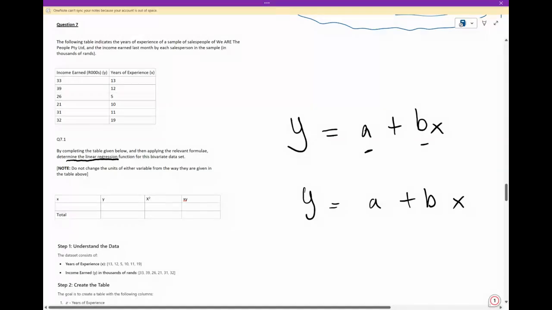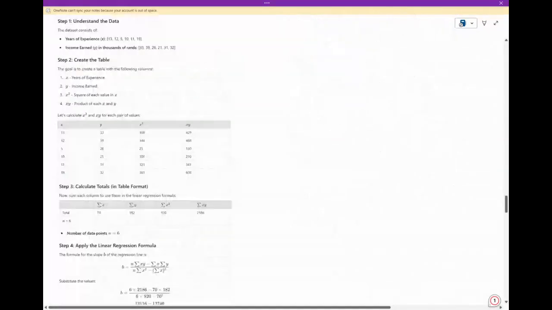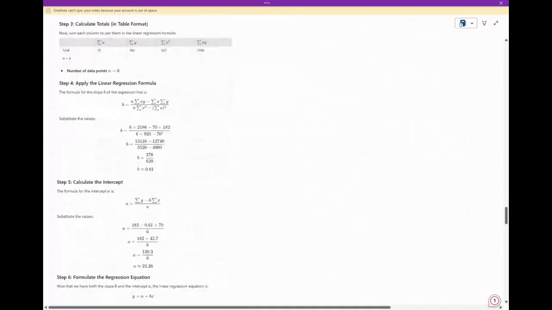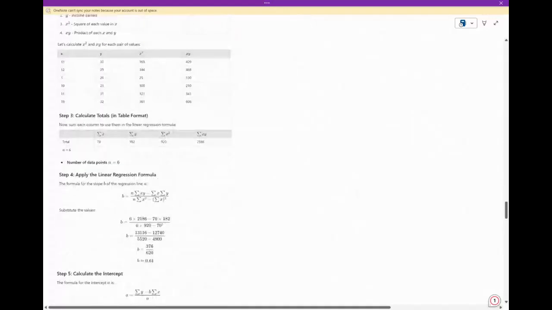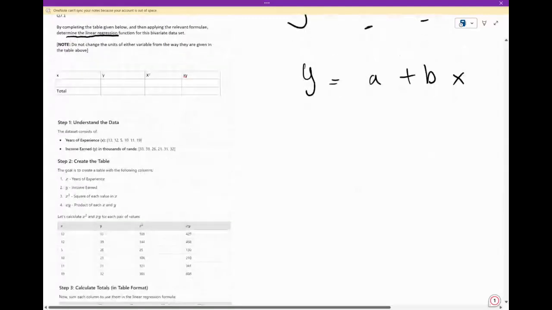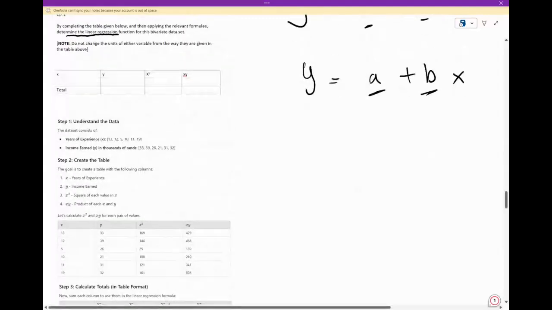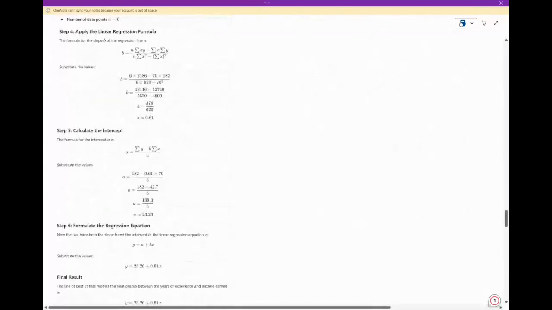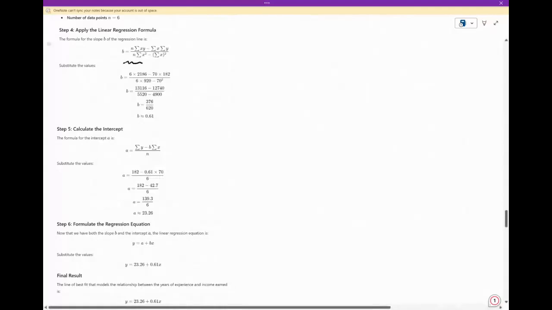So it goes back to now knowing your formulas. Again, for me to get this function, I need to solve for A and I need to solve for B. So in other words, you need to look at the formulas for A and B. And if you go, you'll find that your formulas are this one and this one.